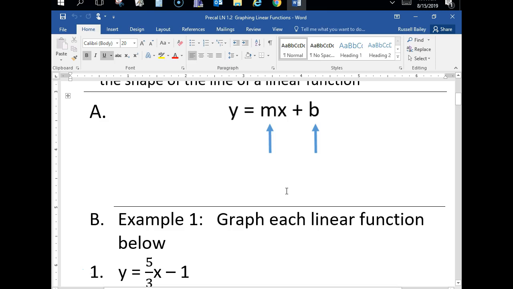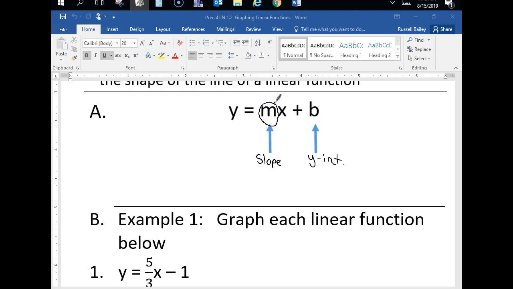We have y equals mx plus b. You guys know this is the slope, right? And this is the y-intercept, correct? The slope is the m.